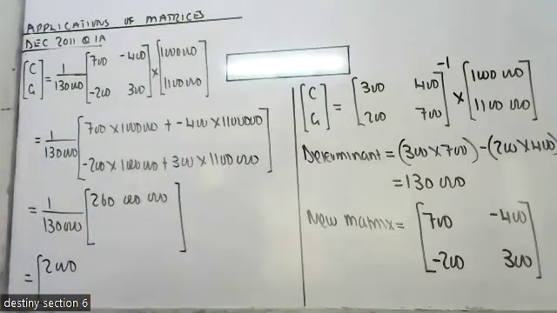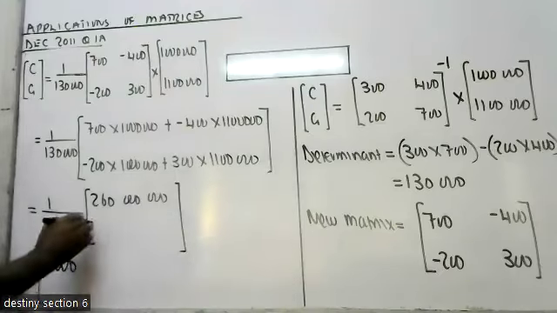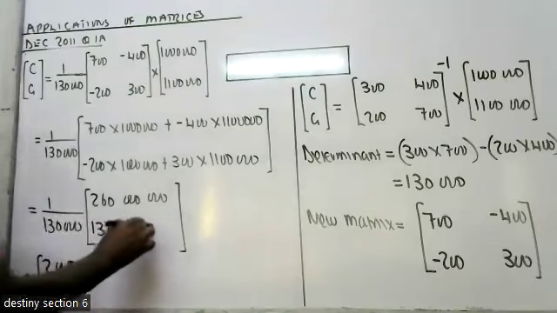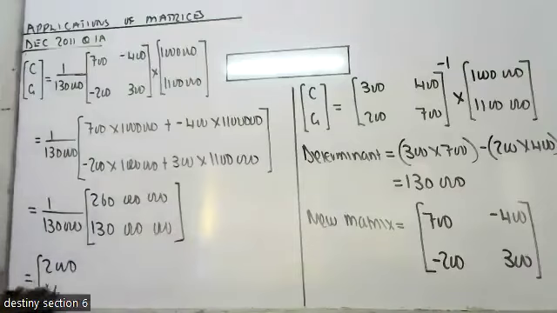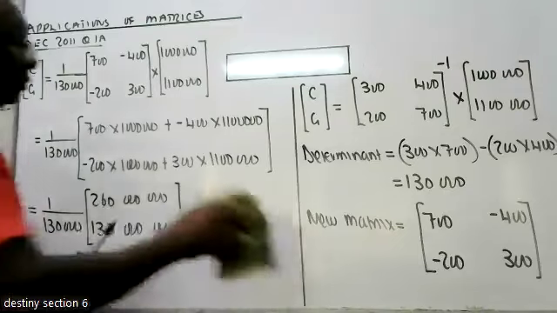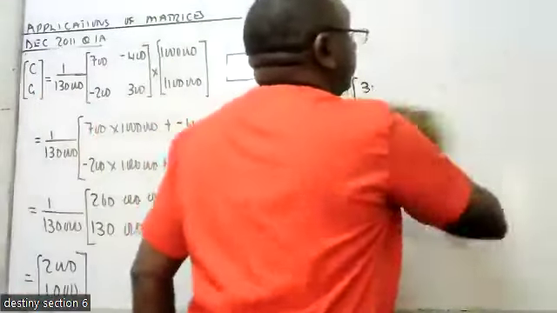Then I go to the next one, I say minus 200 multiplied by 1 million plus 300 multiplied by 1.1 million, I'm getting 130 million. So when I divide, that is what I'm getting.